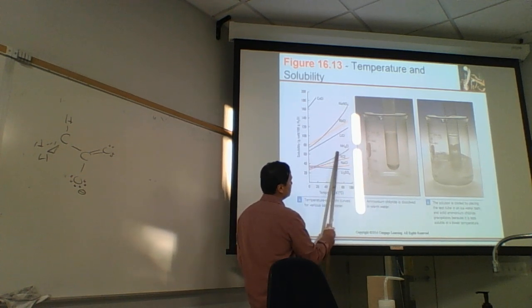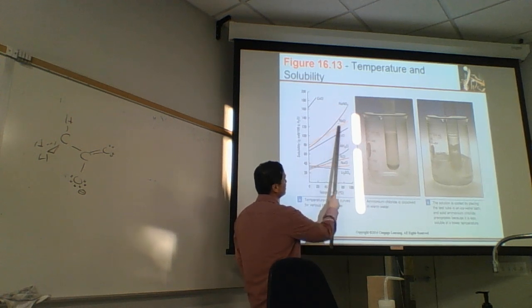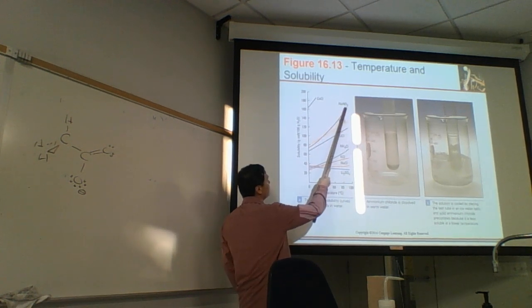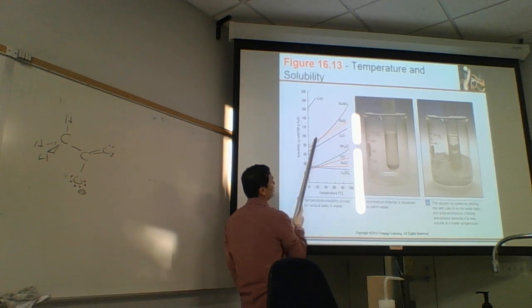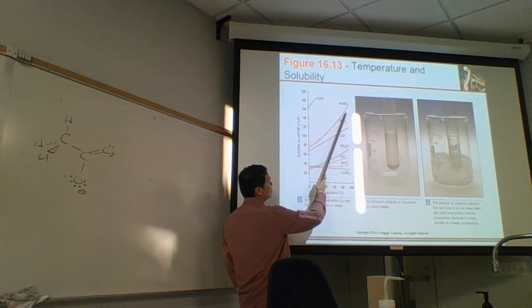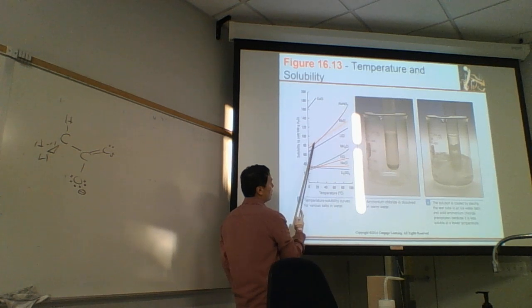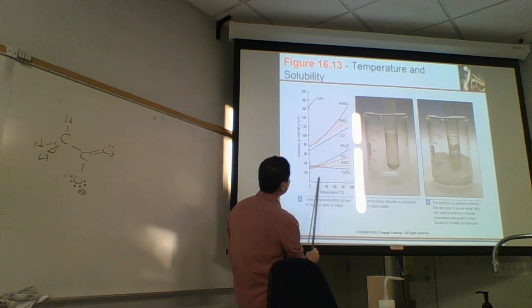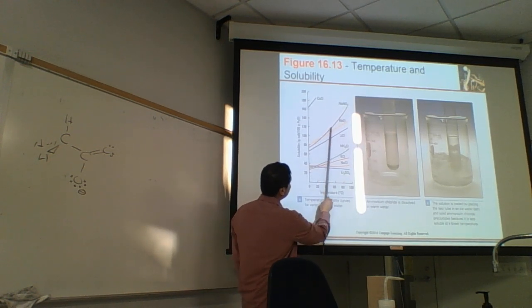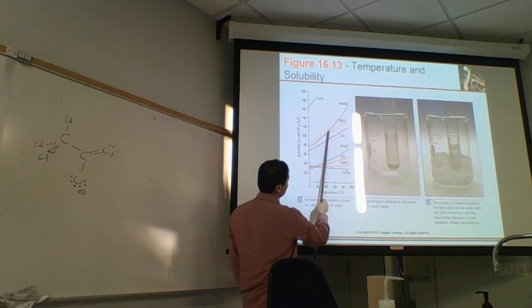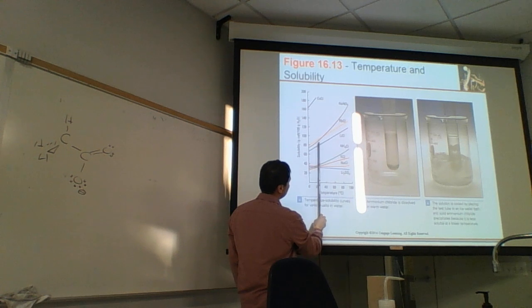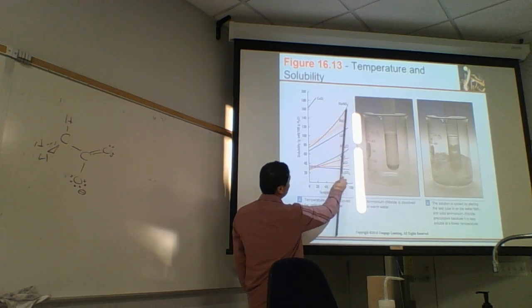But for solid solutes, increasing temperature just increases the solubility. Sodium acetate has one of these steep curves where we can dissolve 40 grams more of sodium acetate at 100 versus 20. Something like sodium nitrate might be a good candidate too for supersaturation. There's a huge difference between the solubility at room temperature versus at 100.